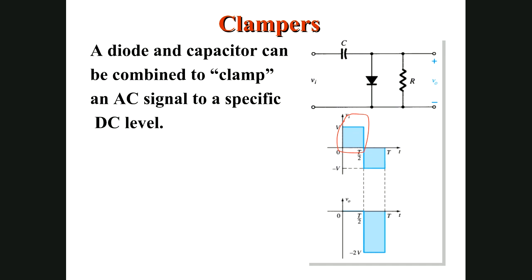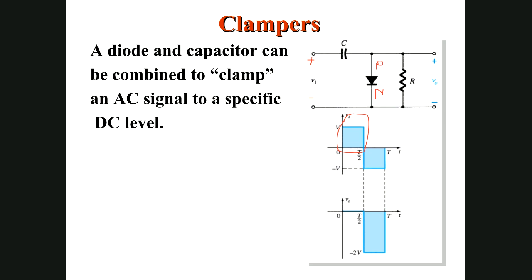You know what forward bias is. This is your diode, and it is in parallel to the output. This is P and this is N. You know it is forward biased when P is positive and N is negative. So in this case, we will start with the positive half.